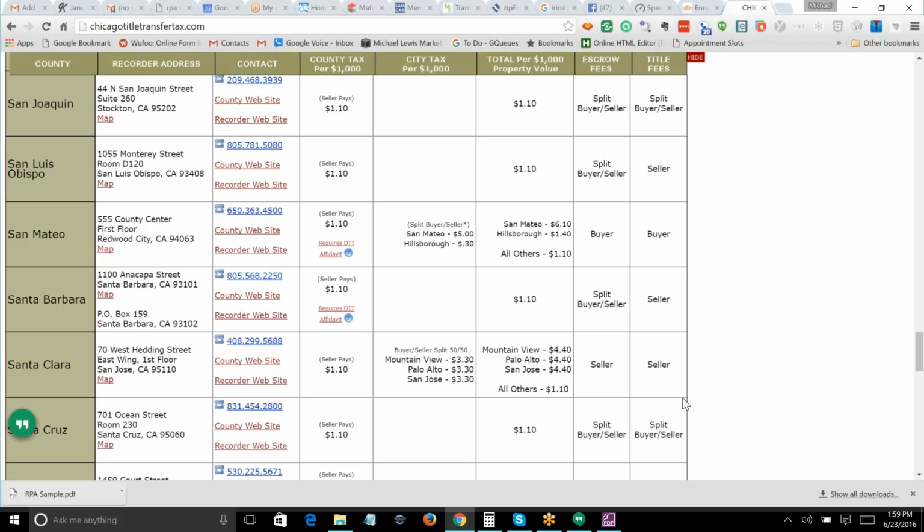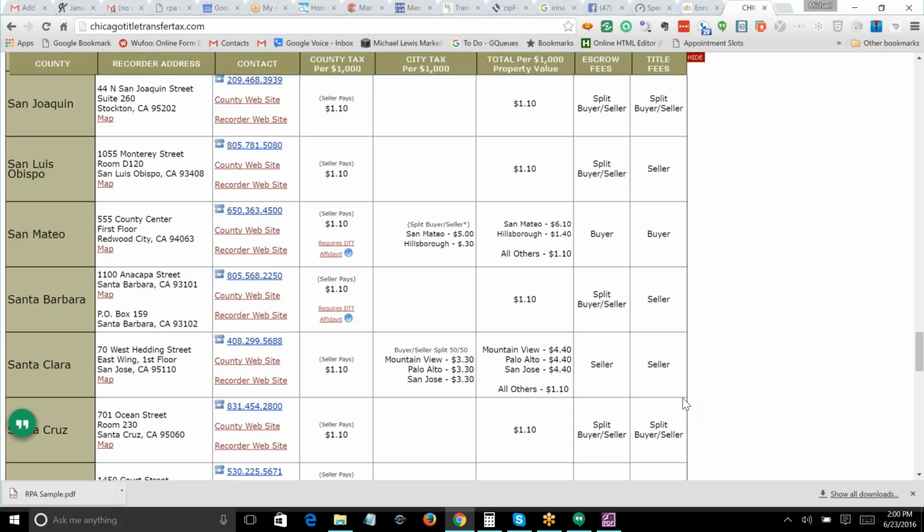It's annoying if I'm the listing agent and you write up an offer asking the seller to pay half of a city transfer tax that does not exist. You say we're supposed to split it 50-50, and I'm thinking, do I counter this out? Do I just ignore it? I'm not thinking, this is a smart agent.